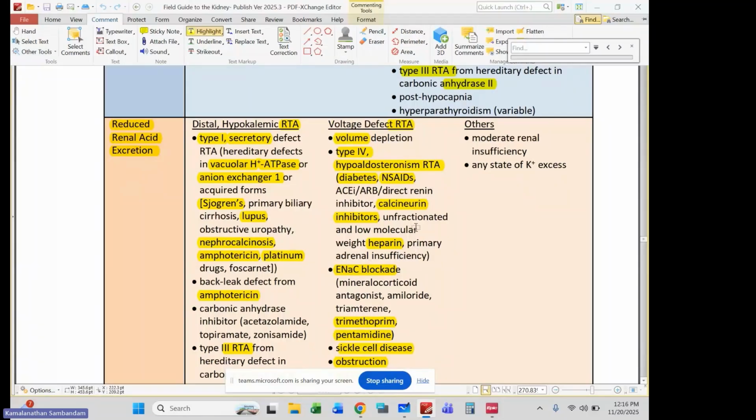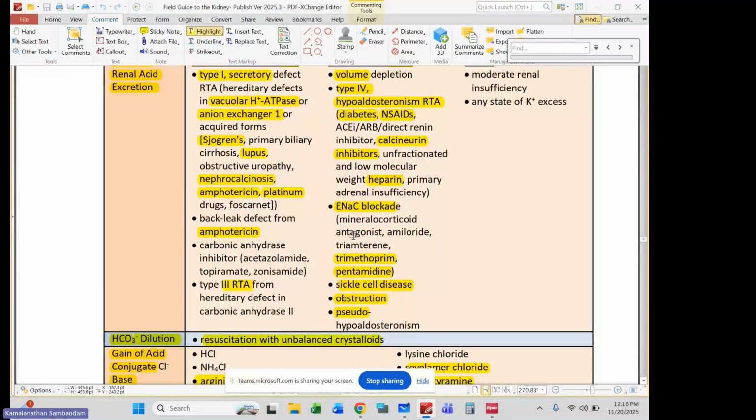We touched base on the fact that heparin is an aldosterone synthase inhibitor. I made the point that even Lovenox can do that. If I have adrenal insufficiency of any cause, that is a low aldo state, that would be expected to create this impaired proton secretion relying on this lumen negative potential difference. ENaC blockade with traditional diuretics or drugs that have an off-target effect on ENaC transport, like trimethoprim or pentamidine.